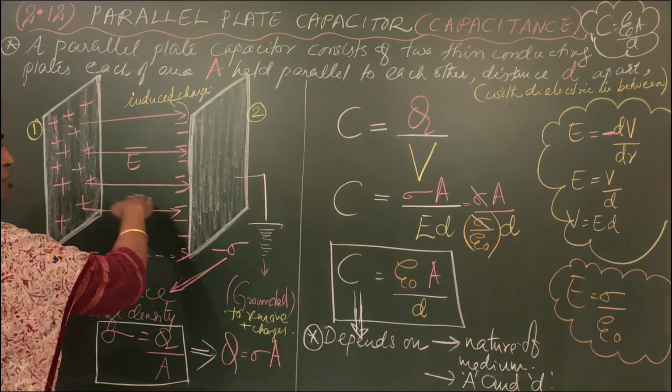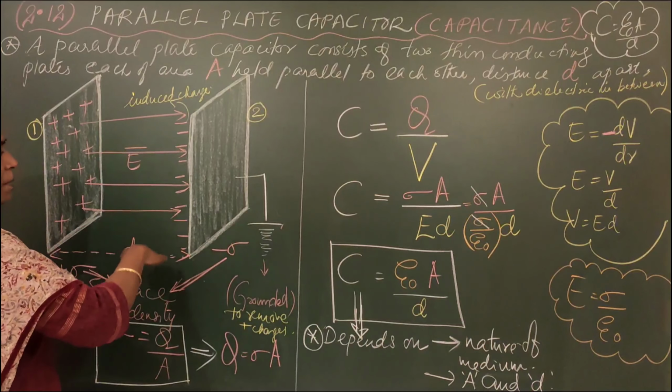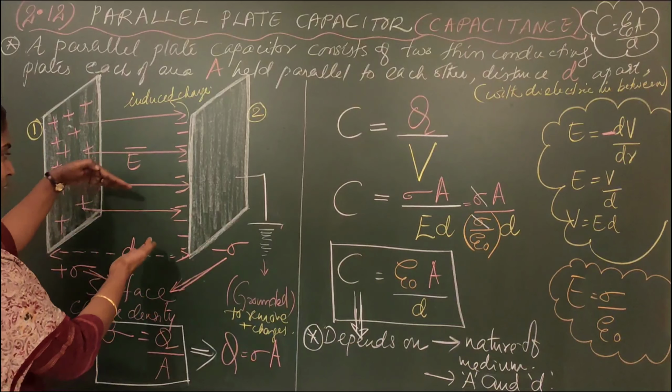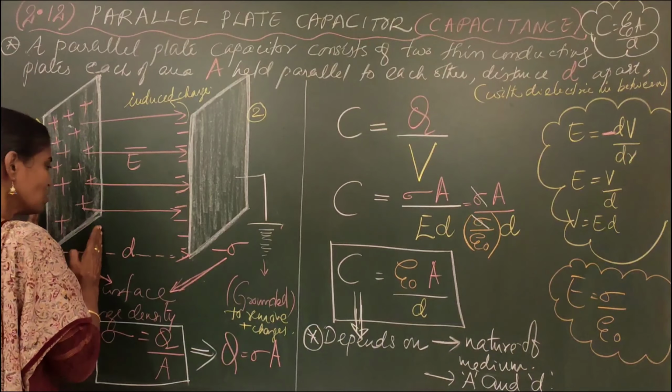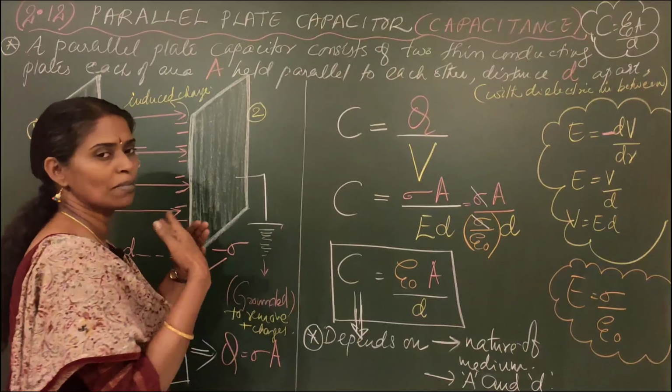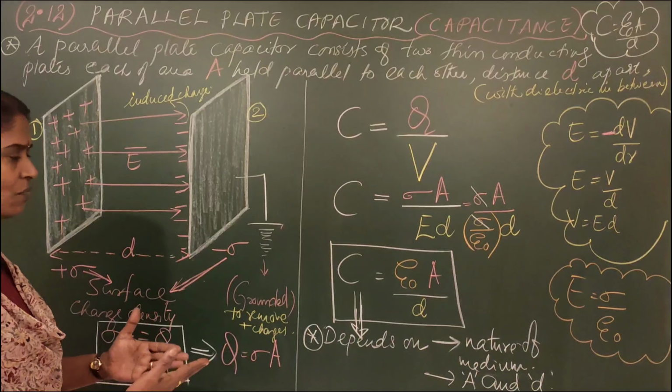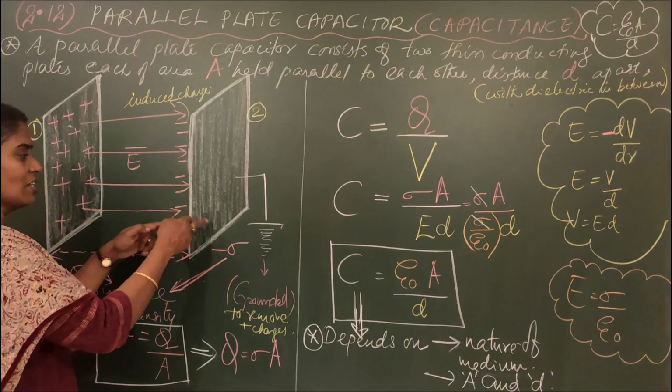The uniformly spaced lines, parallel to each other, show that the field is quite uniform. This plate has charge plus q, and this has the same, minus q. Whatever be the plus q, the same minus q.